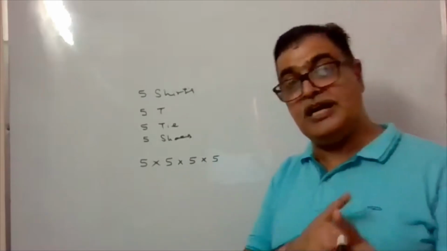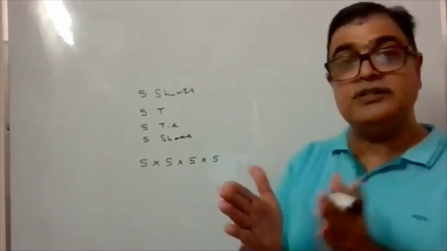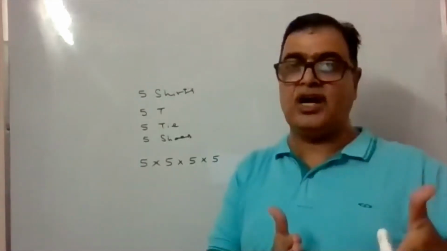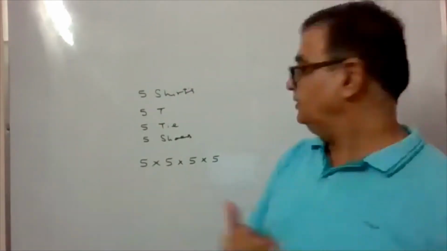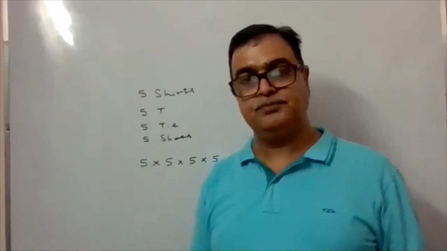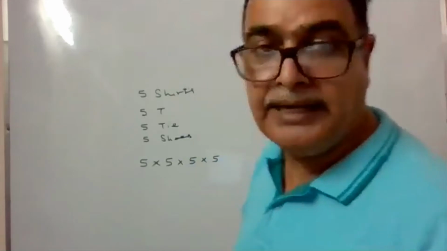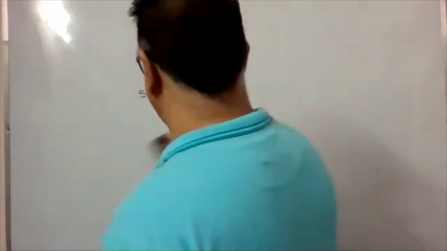So in this case we are using the multiplication rule because 'and' is here. I'm going to wear a shirt and a trouser and a tie and shoes. So we will say the multiplication rule applies. But by the way, my question comes like this.